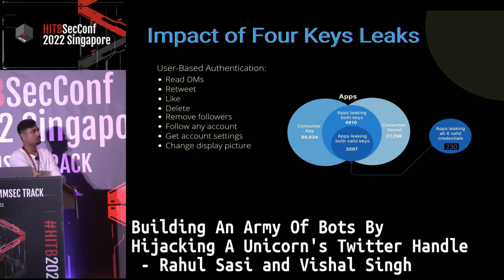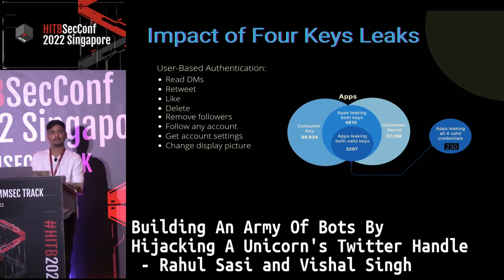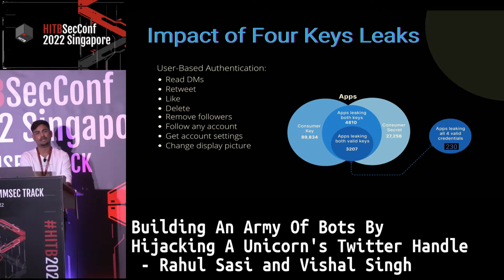From those apps, we started digging further to check how many apps are leaking valid keys. Those keys might be dummy credentials, or might have been revoked, or might be false positives.